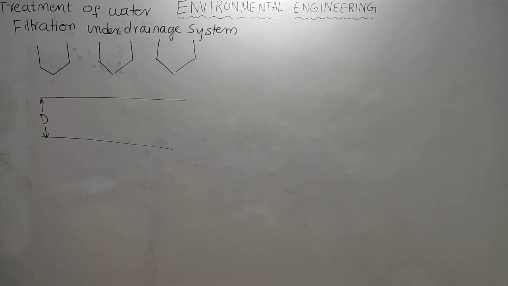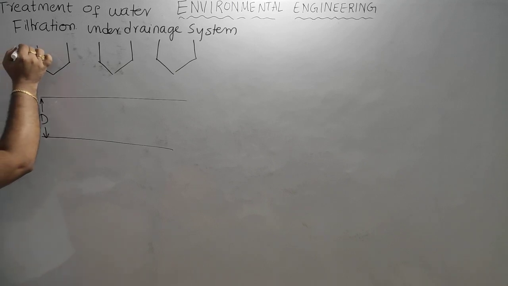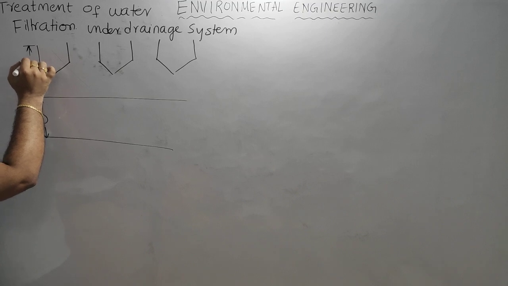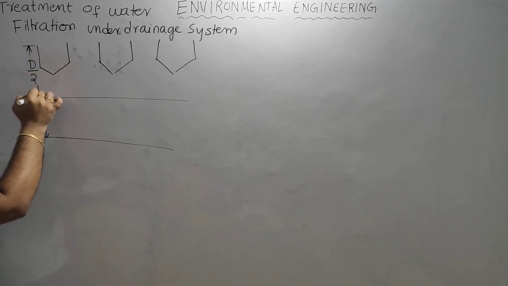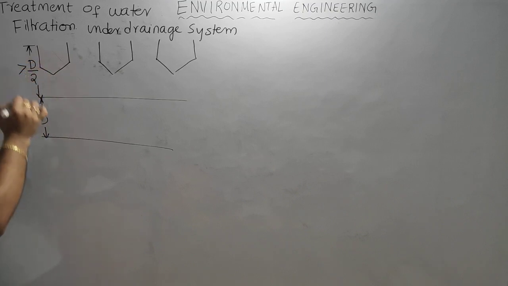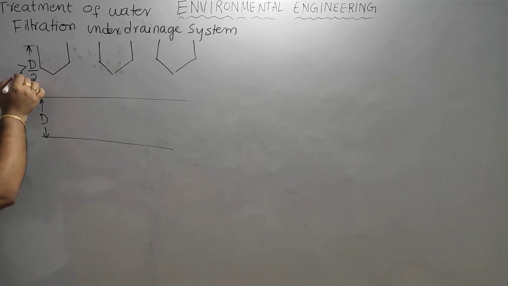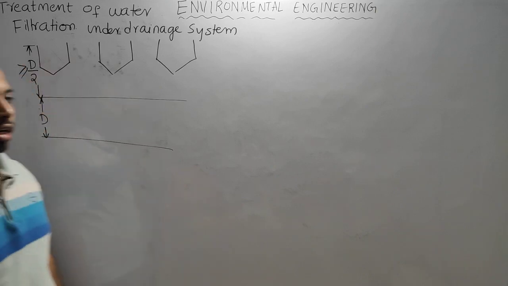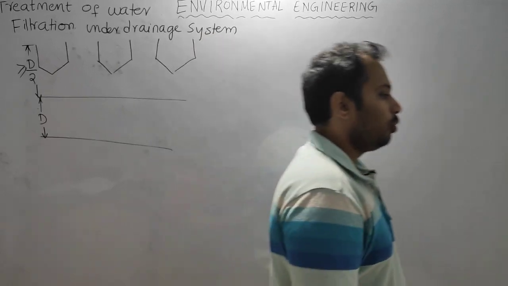If the depth of the sand is D, then the wash water trough should be at a height of D by 2 above the sand bed. So it should be greater than or equal to D by 2, because of how we design it.